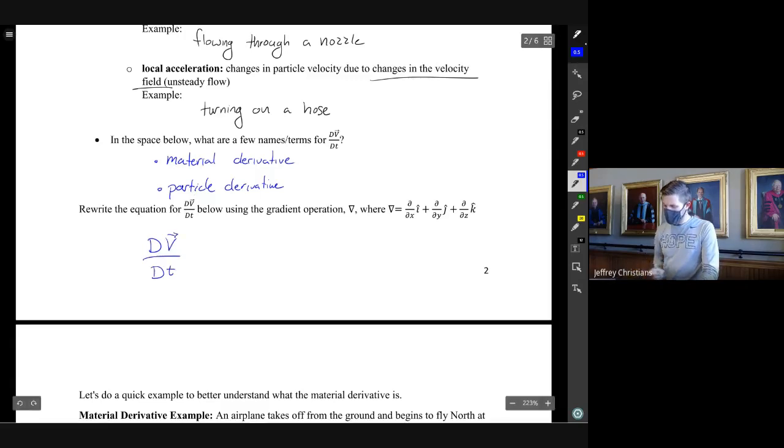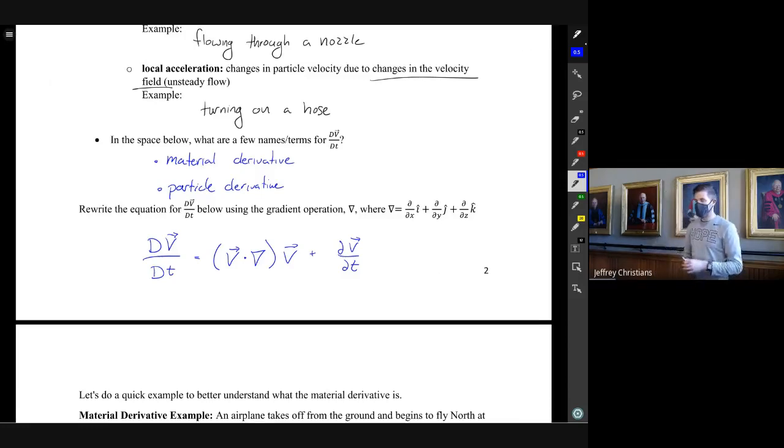We could write that the material derivative or the particle derivative is equal to velocity dotted with the gradient, so the velocity gradient times the velocity, plus the change in velocity with time. So this is an equivalent way of writing the equation that we wrote a little bit ago, just a little bit more compact.